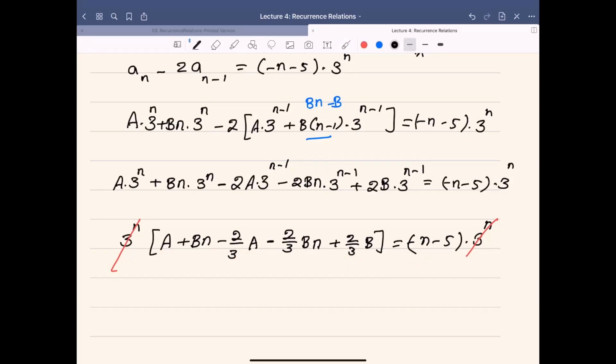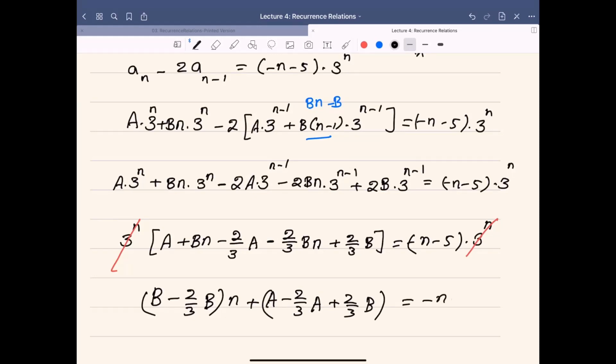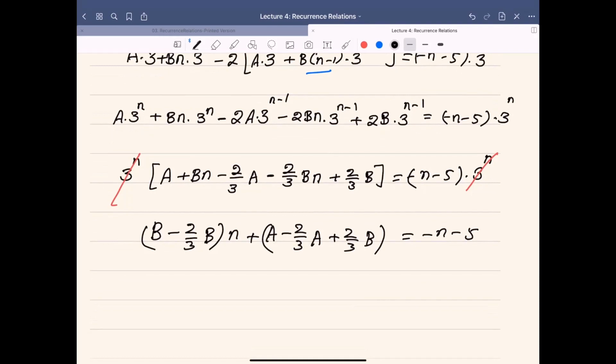So we will have B minus 2 over 3 B, both of them have n as common, plus A minus 2 over 3 A plus 2 over 3 B, together equal to minus n minus 5. We will do the matching, so we will match minus 5 with this expression and minus 1 with this expression. But this expression has one unknown B. This one has A and B.